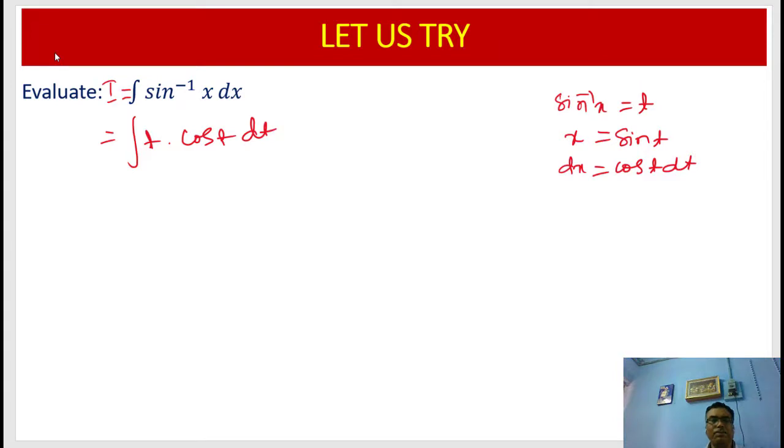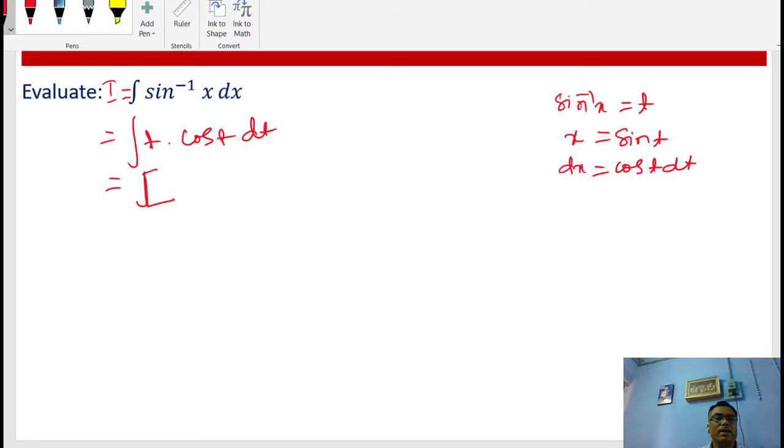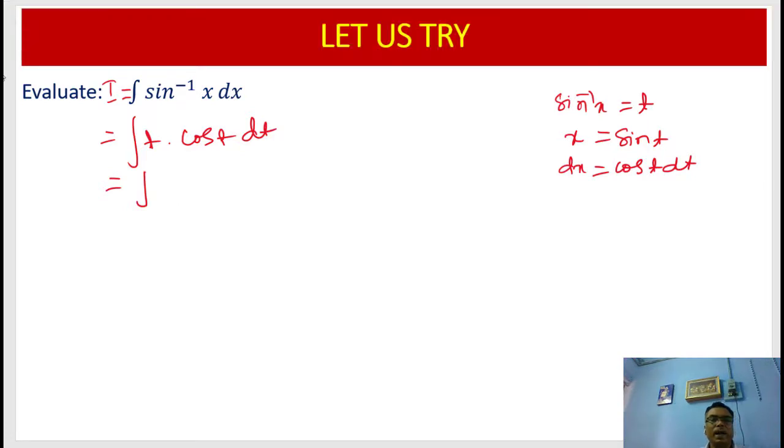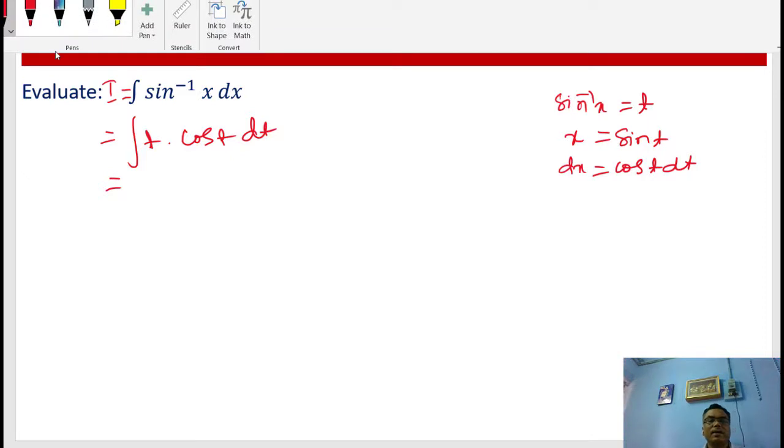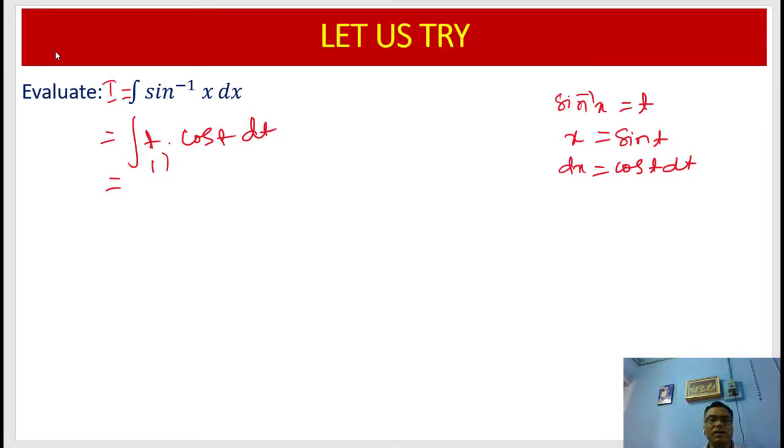Integration becomes simple. So this is integration of first into integration of second. What is first? First is my algebraic function, second is trigonometric. So first into integration of second: t into, what is integration of cos t?